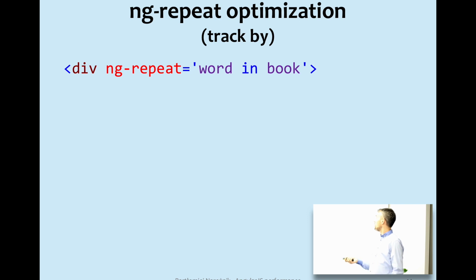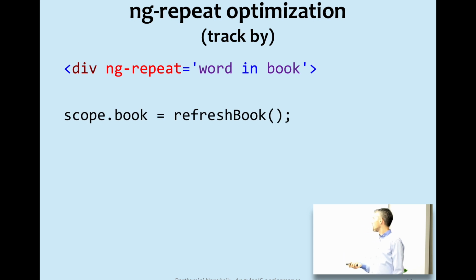So let's say you have a simple ngRepeat. There is a collection you work on. It's a book. And then someone assigns a new value to that field. And what Angular does, it removes all the DOM elements and recreates them because the collection has changed.